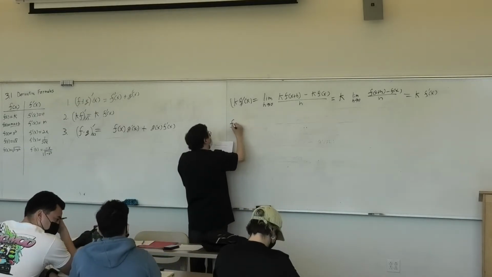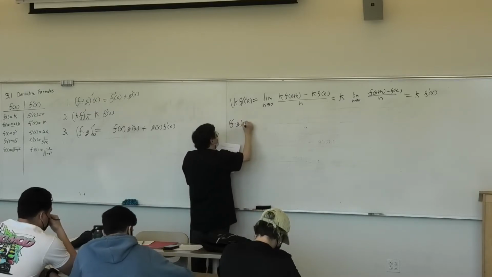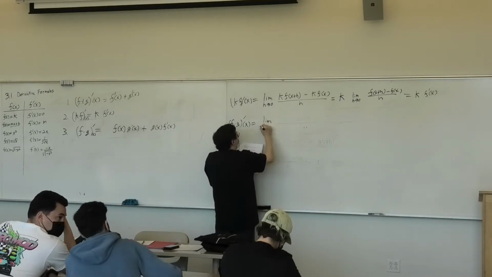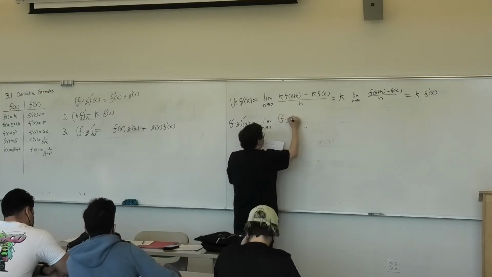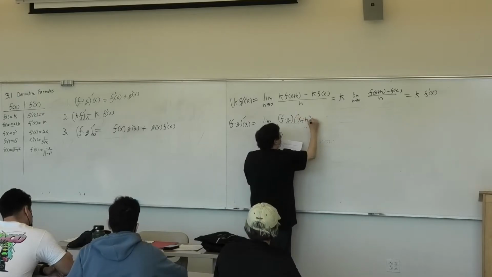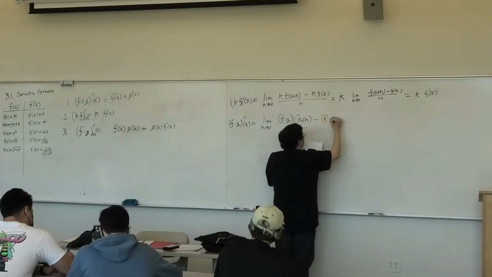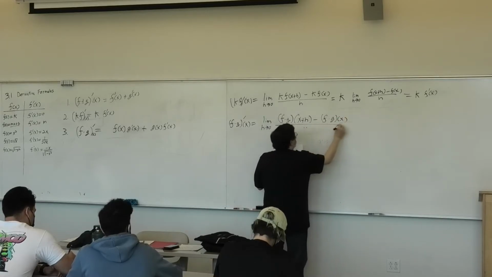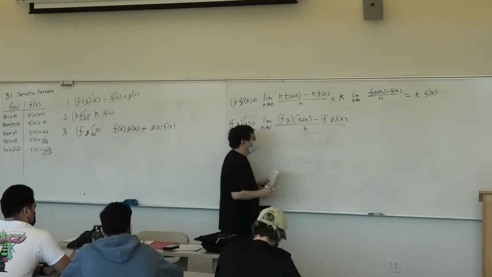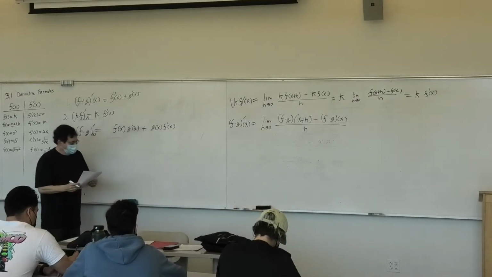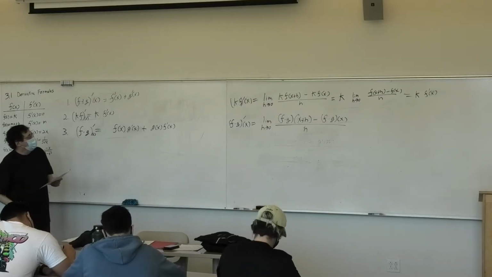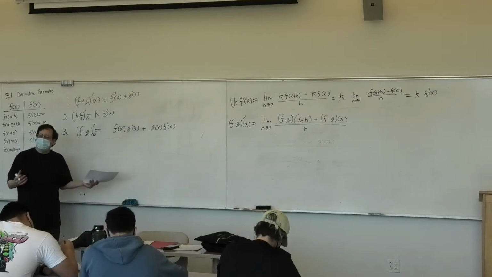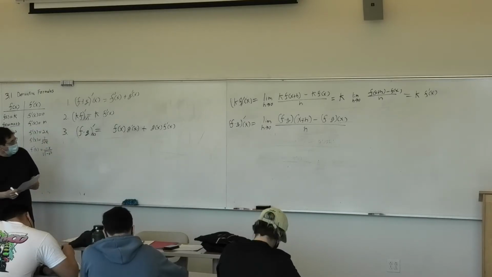So, the derivative of f times g of x is the limit as h approaches 0 of f times g of x plus h minus f times g of x over h. At this point, metaphorically, I guess I'm a magician up here, I metaphorically pull a rabbit out of my hat.